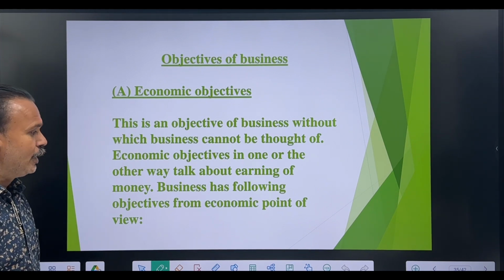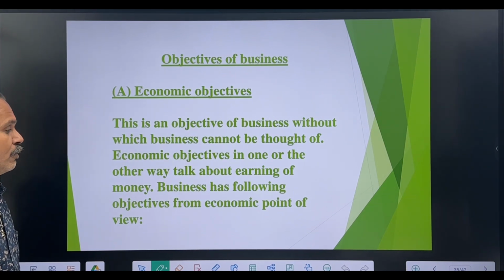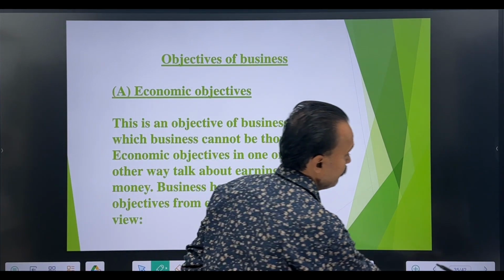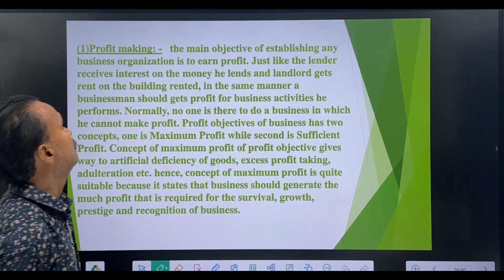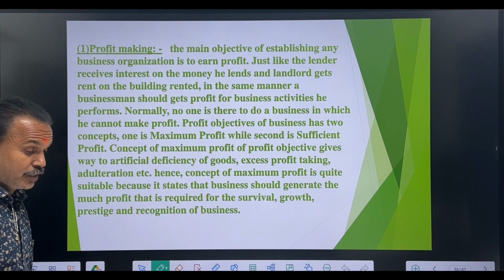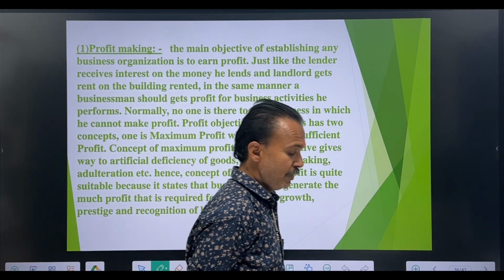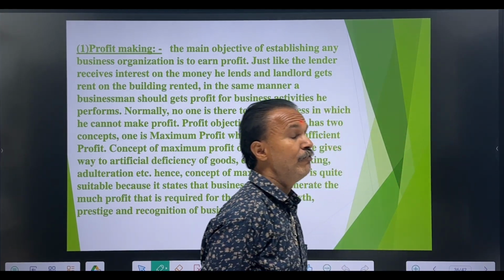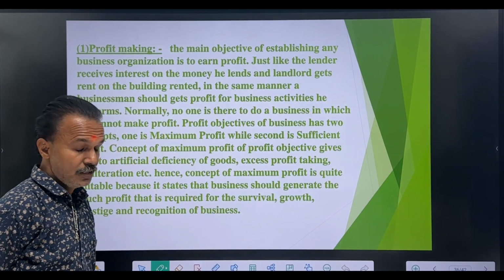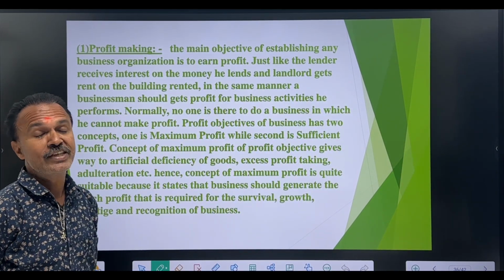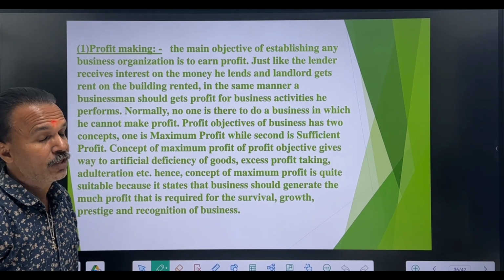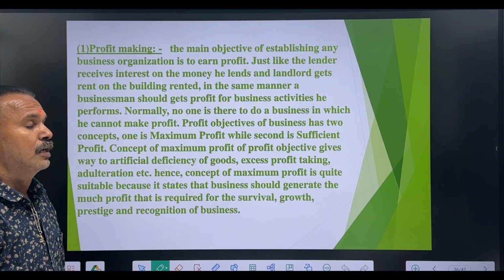Business has the following objectives from the economic point of view. The first economic objective is profit making. The first objective of the business is earning profit. Without profit, a business cannot survive for a long period. This is the main source of his earning. So the first economic objective of the business is earning profit.